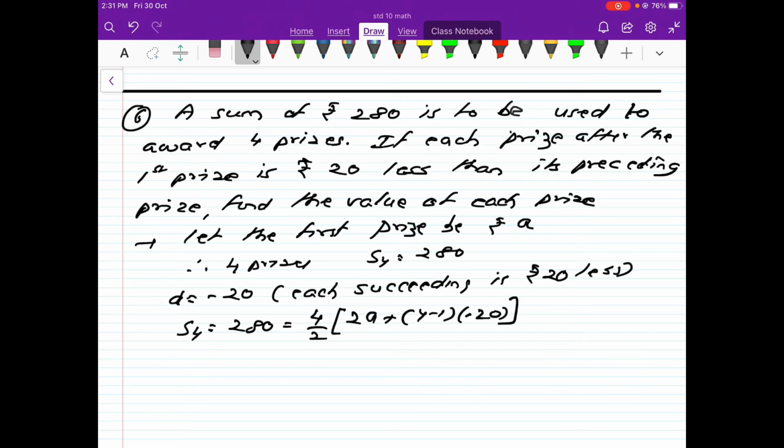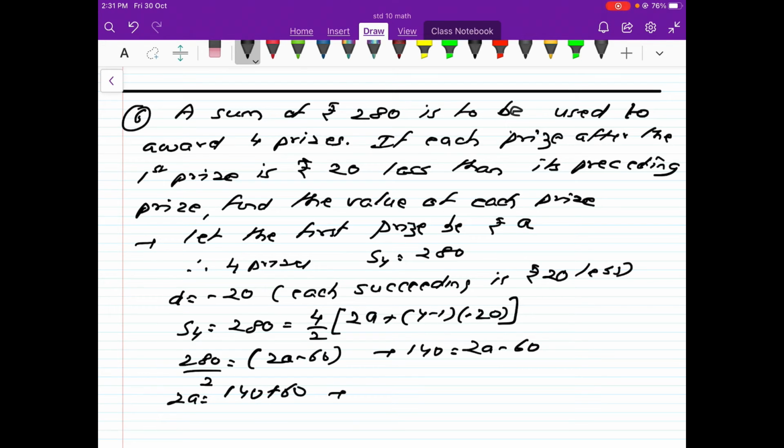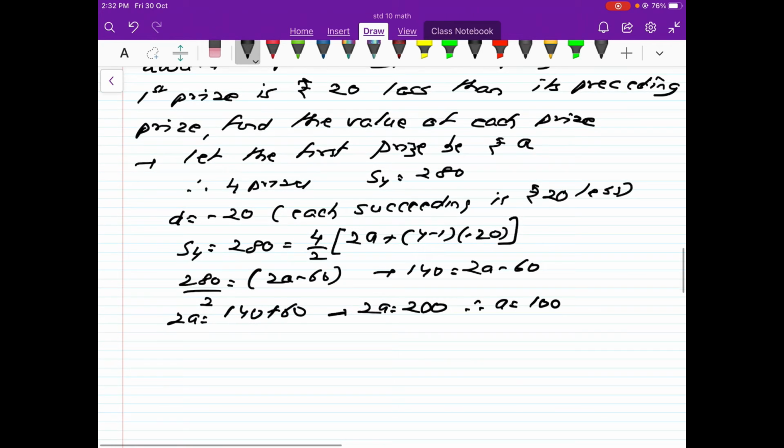So we are getting 280 upon 2, which is 140, is equal to 2a minus 60. So 140 = 2a - 60. So 2a is equal to 140 plus 60. 2a is 200, therefore a is 100. So we got the first prize as 100.